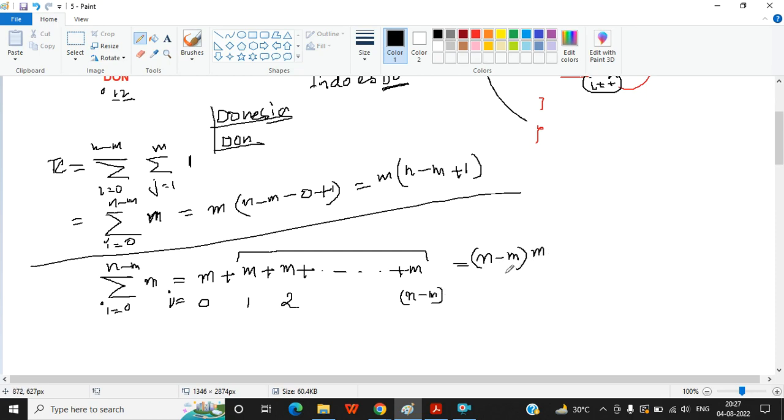So how many m's are there? n minus m number of m, plus you have this m. If you take this m common, then what you will have? n minus m plus 1. See, this is the same as this.